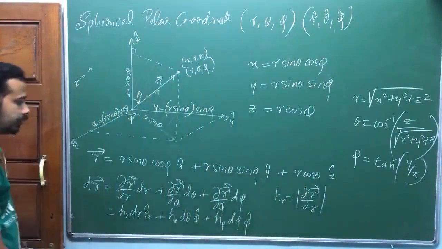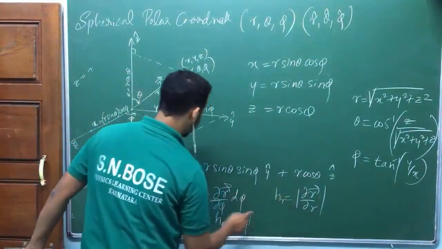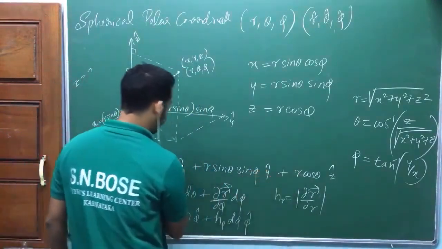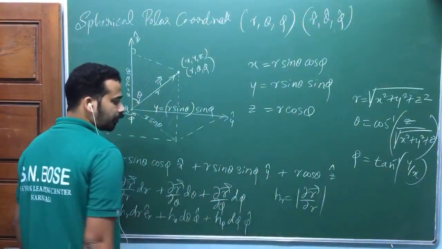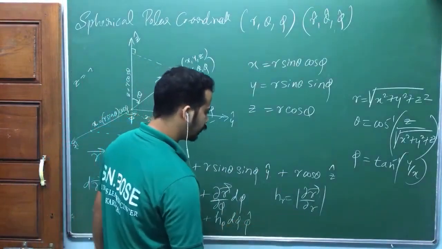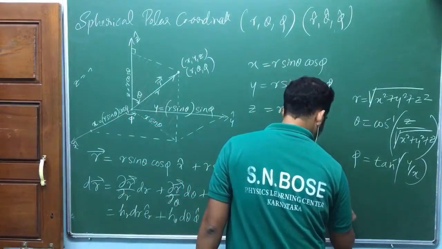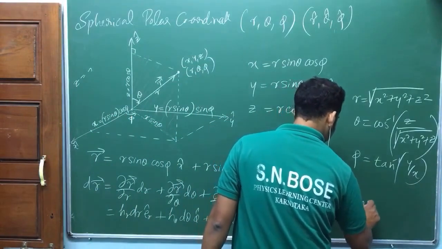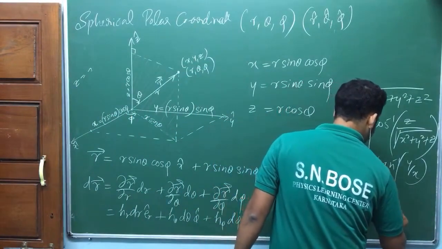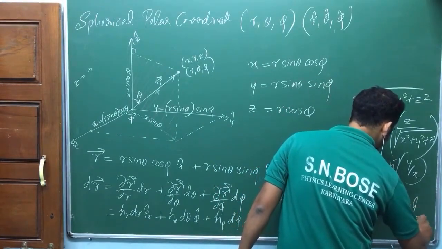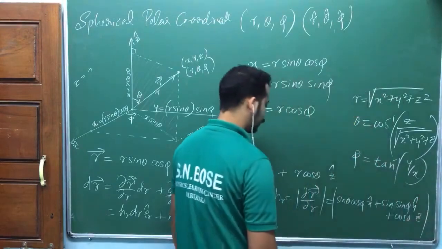Am I right? Because if you take dou r by dou r, what will happen is this will go, this will be 1, this will be 1, this will be 1, x cap, y cap, z cap. If you take a mod, can you imagine? This is equal to actually mod of sin theta cos phi x cap plus sin theta sin phi y cap plus cos theta z cap, after taking derivative with respect to r.